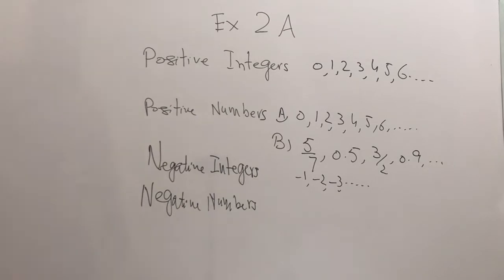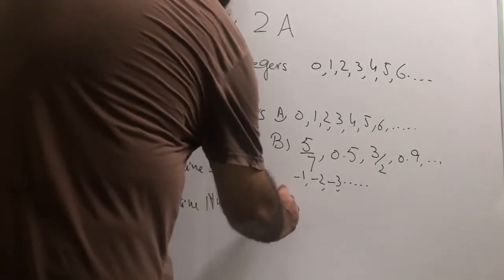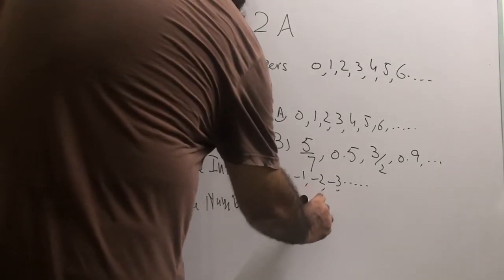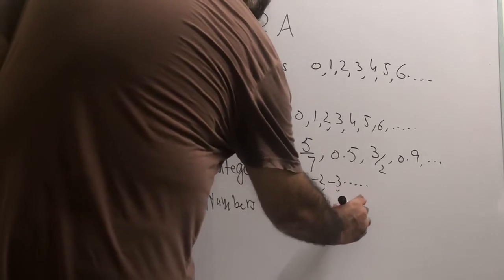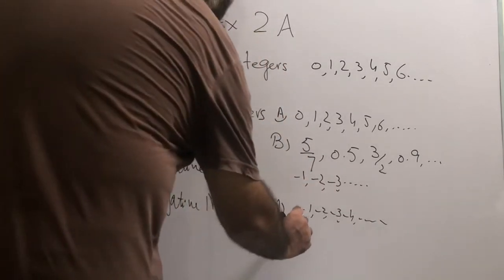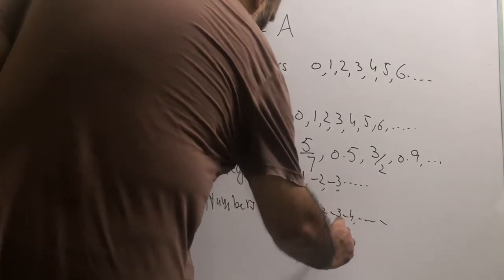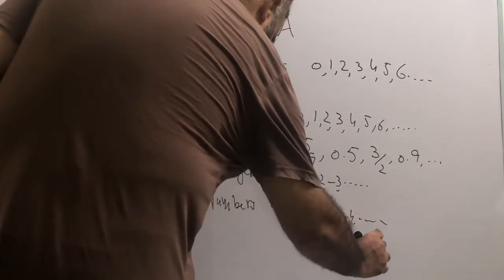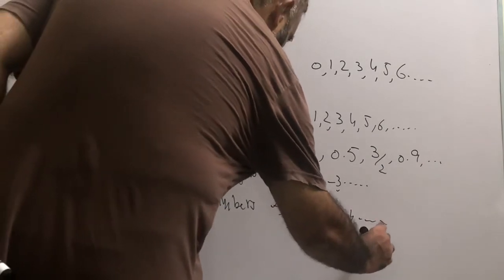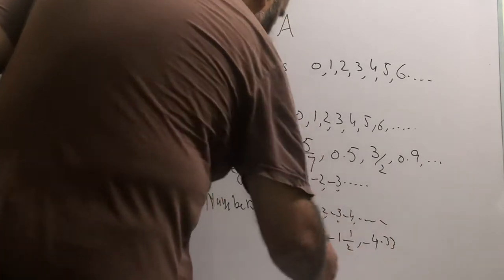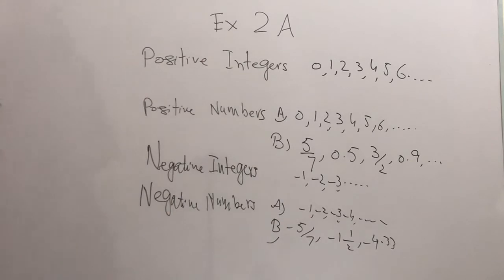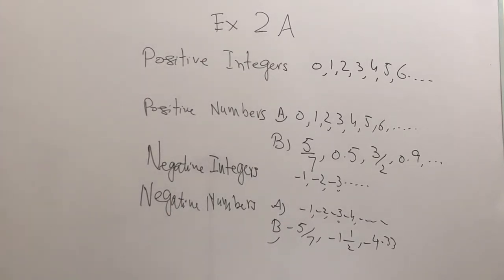They contain all the negative integers and they contain -5 over 7, -1 whole number 1 over 2, -4.33, like this. So there is a difference between positive integers and positive numbers.